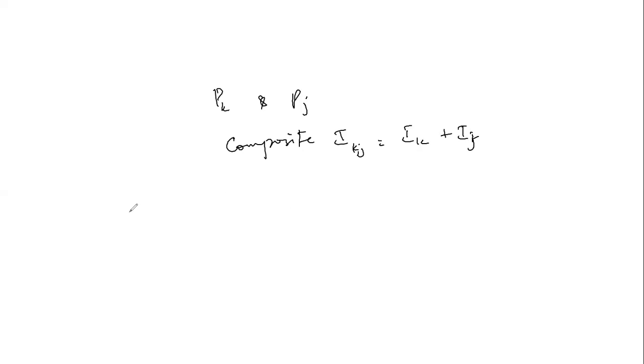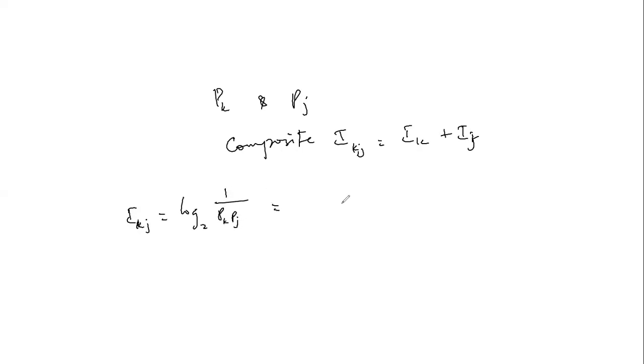So let us assume I sub kj is the same as log to base 2 of 1 over P sub k P sub j.